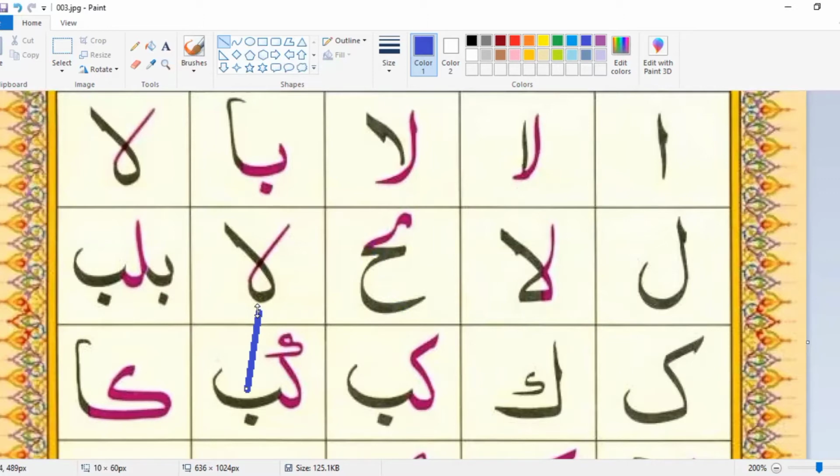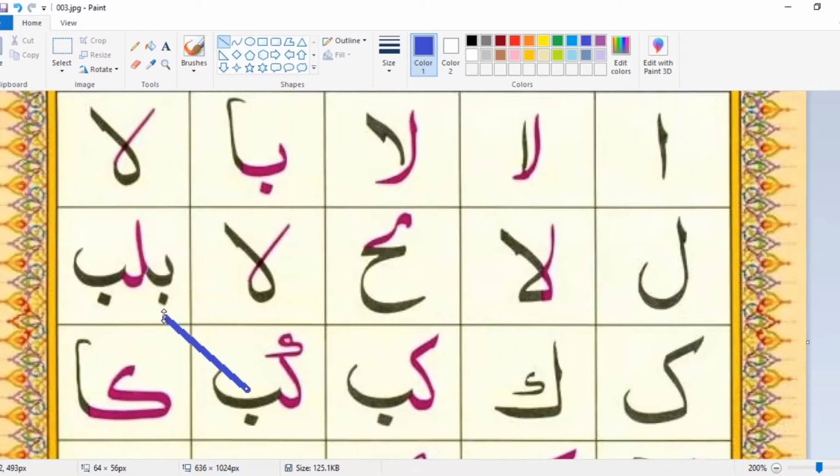And look at this compound letter. Usually when we connect one letter with the next one, we use half of that letter. Most of the time, not all the time, but most of the time we use half letter.